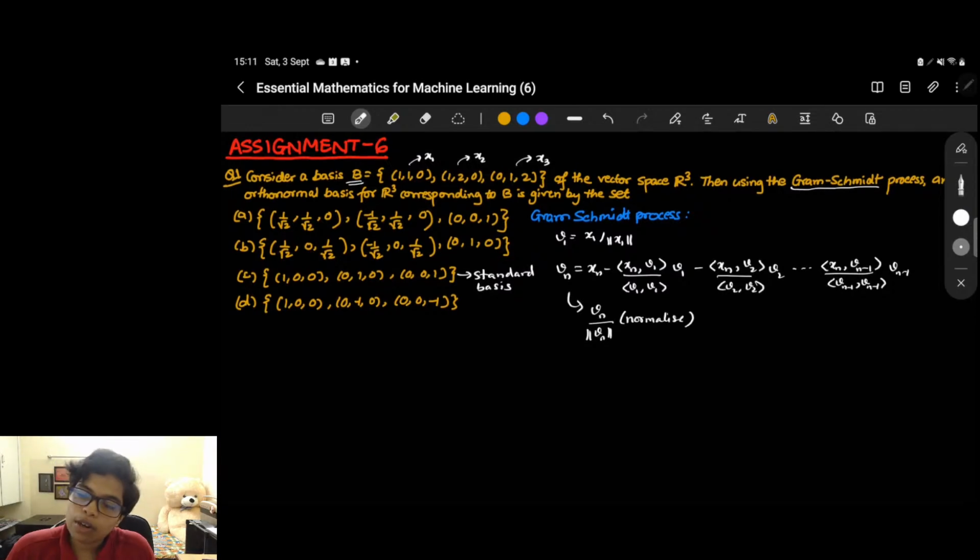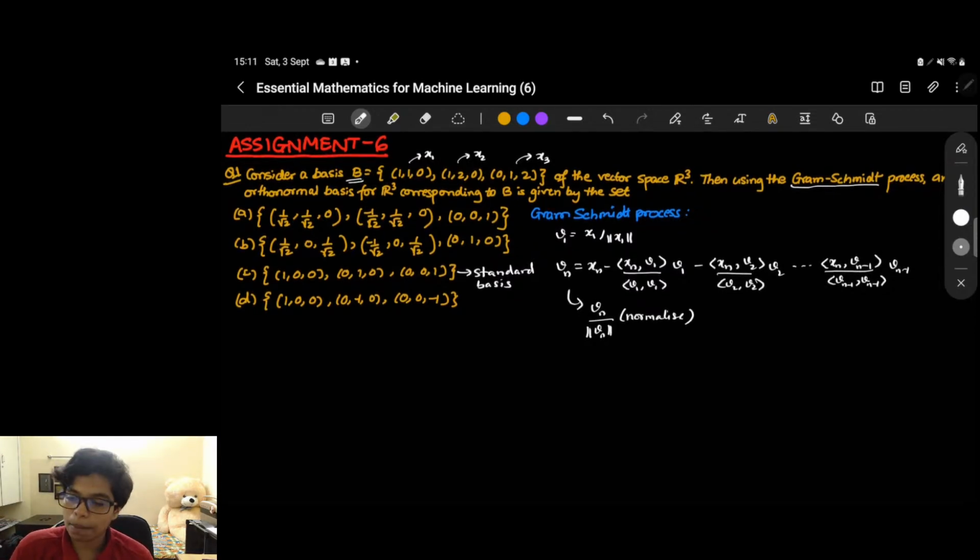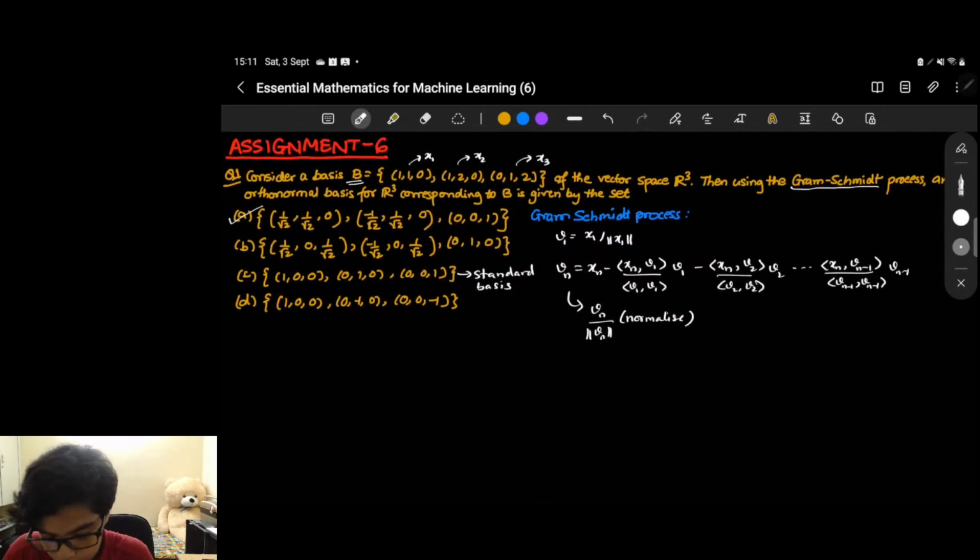Now, even without solving this, even without applying this Gram-Schmidt process, I can directly tell you that the answer is option A. I do not even have to go through this process to be able to say that. And how can I do that? Like, how can I be so confident? That is because according to the Gram-Schmidt process, one of the vectors is in the same direction as the old basis vector.